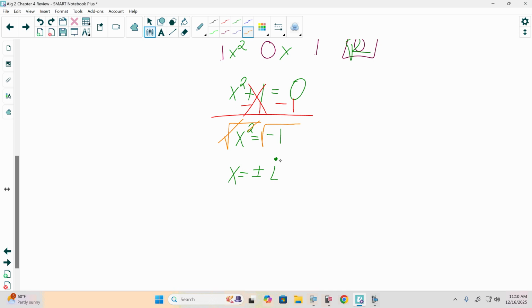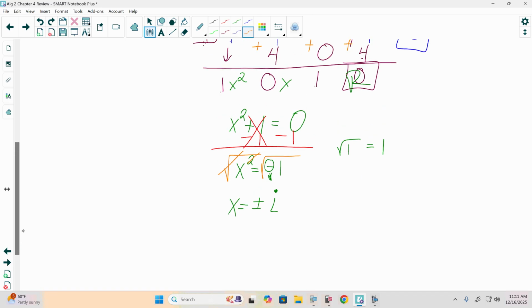The other way we could do it is we could take the negative out as i, and the square root of 1 is 1. So 1i or just i. Either way works. So the other two solutions are positive and negative i.